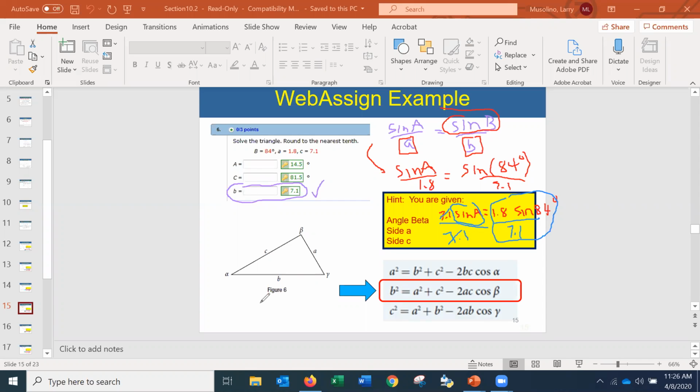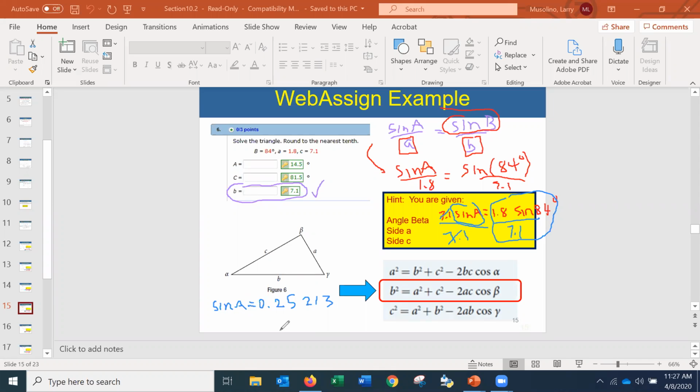And when I work that out on my calculator, I'm getting that sine A is the messy decimal 0.25213. Remember, I'm going to round to 5 decimal places just to be on the safe side and ensure I have enough accuracy.